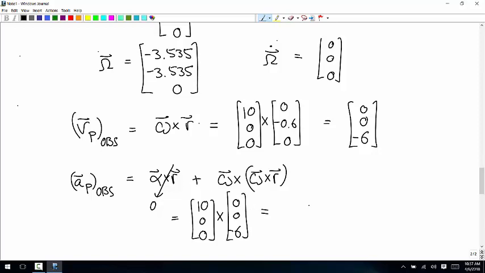So that acceleration is 0, positive 60, 0.